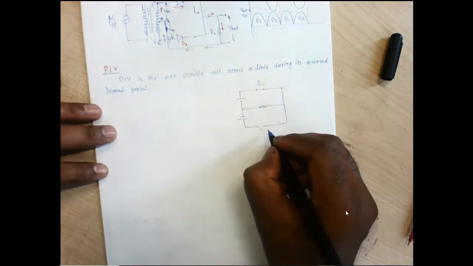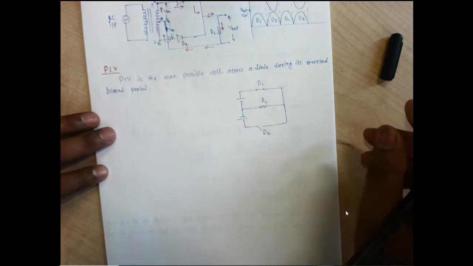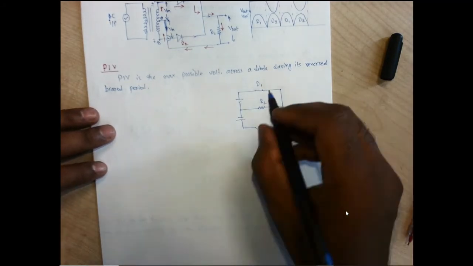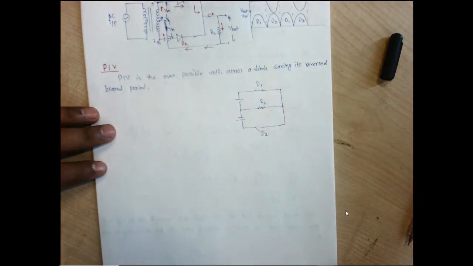This is D1, this is D2, this is our RL. So this is the simplified circuit. What is the voltage coming across this D2? That is the main thing to observe.